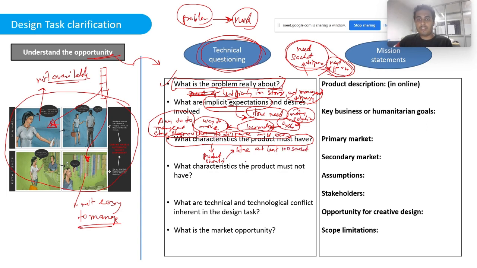You may also say the product should accommodate sachets from different companies, like you have Dove shampoos, we have Sunsilk, and so on. Those can be the characteristics that you decide the product must have.